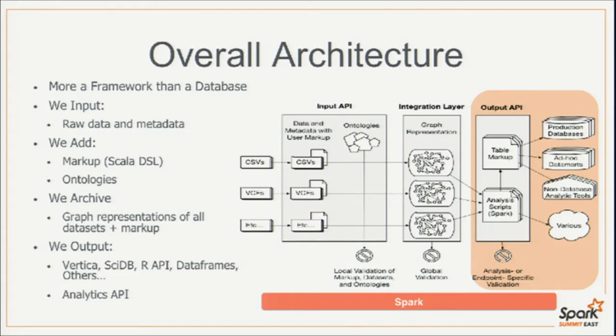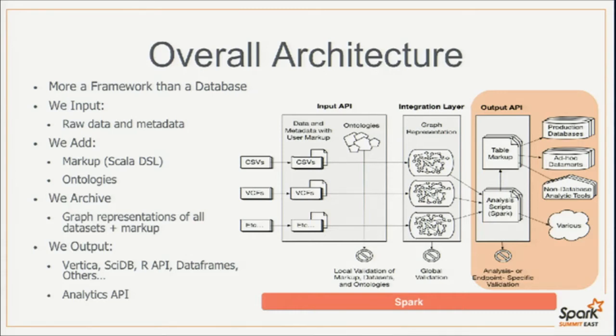First, we have what we call an analytics API, which is basically a set of libraries that people can use if they're trying to run a Spark job that can get at the edges of the graph, and then they can do whatever they want with those edges. And then the second way that people get at the data is this thing called table markup, which is another domain-specific language.